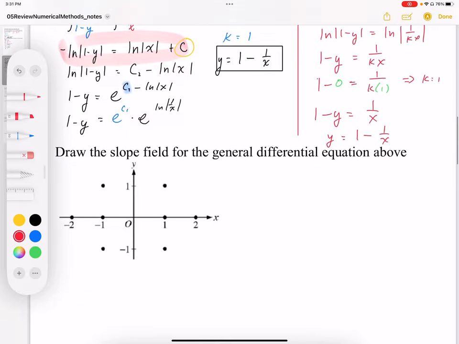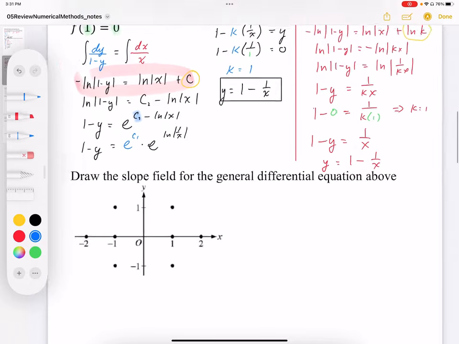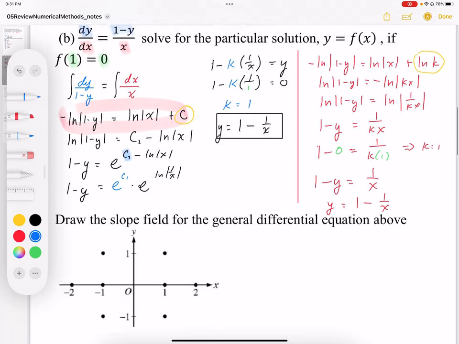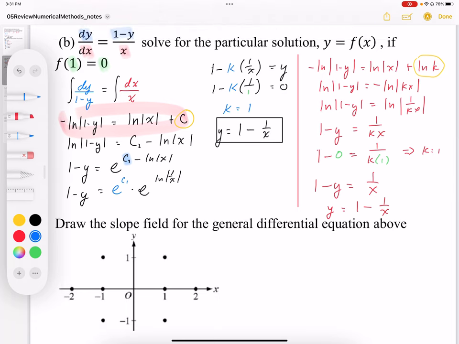Lastly, drawing in the slope field, we're going to just plug in x and y coordinates into the differential equation, and we're going to draw slope segments. So my equation is 1 minus y divided by x. So at y equals 1, I'm going to end up in the numerator with 1 minus 1, so I'm going to get 0 slope here. Okay, let's draw that a little bit nicer. 0 slope in here.